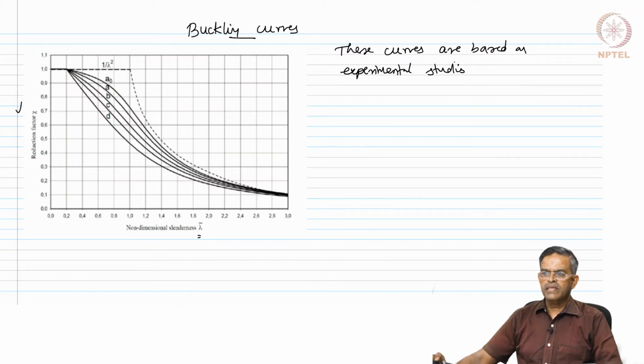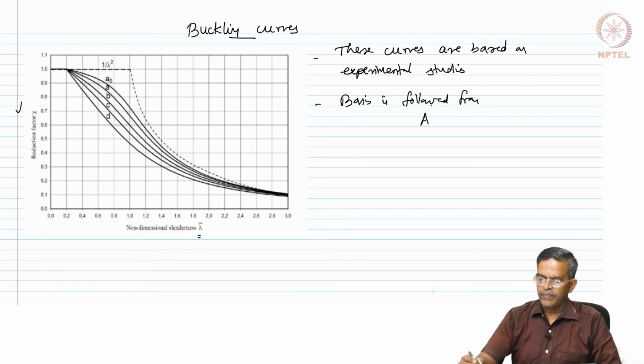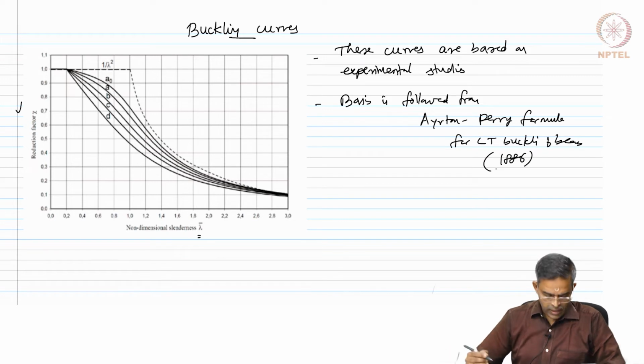So, it has got a basis, the basis is followed from the Ayrton-Perry formula for lateral torsional buckling of beams. This was developed much earlier, in 1886.